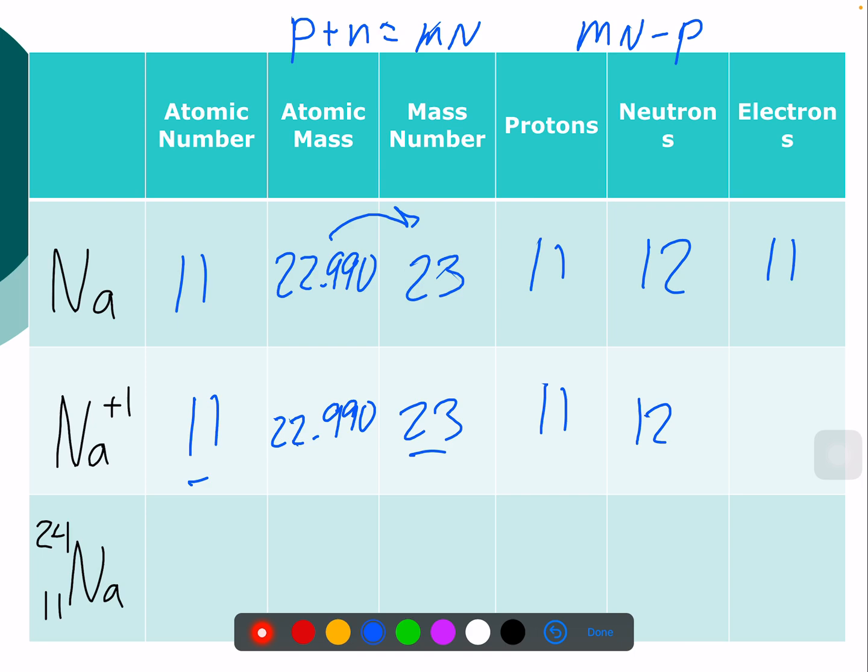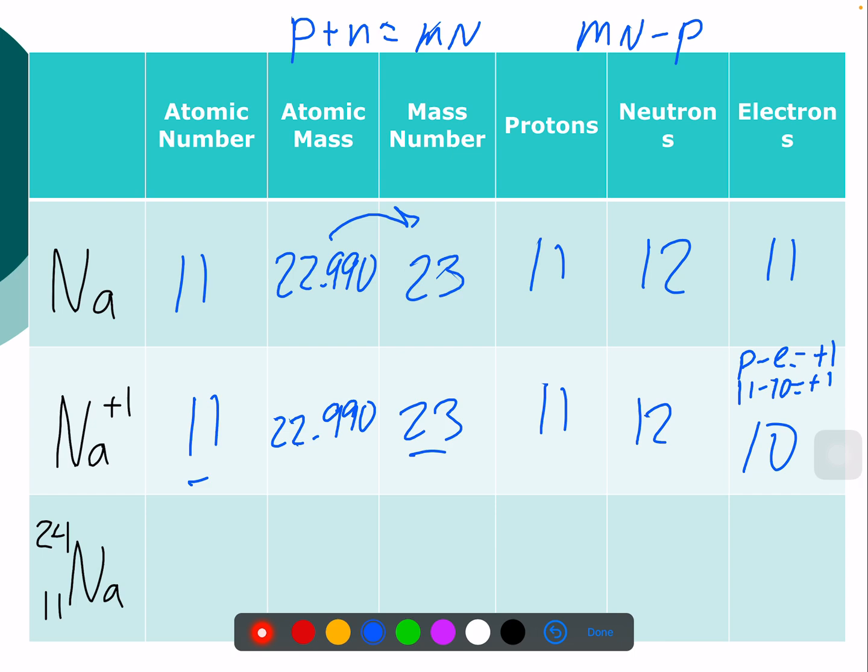But now, because it has to be protons minus electrons equals plus 1, and you don't have to show this work, of course, I know that there's 11 protons, and to get a plus 1 charge, there has to be 10 electrons. So there's 10 electrons.